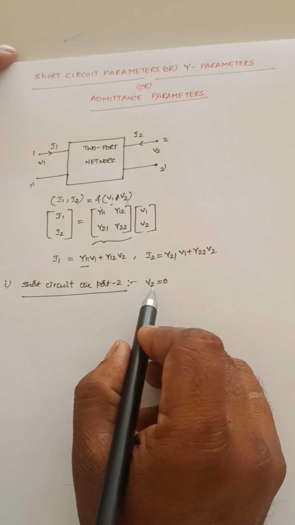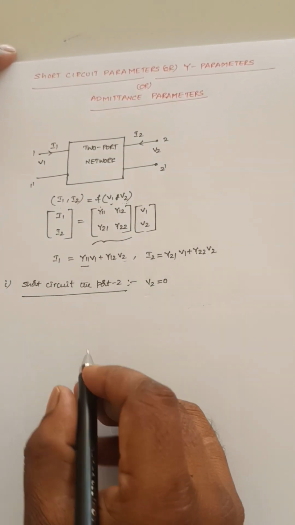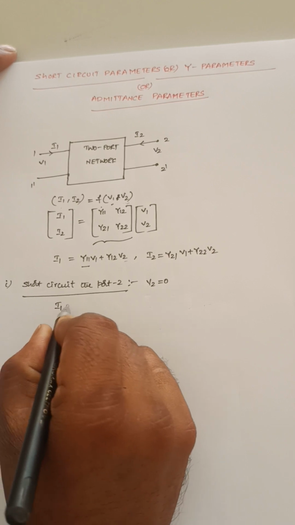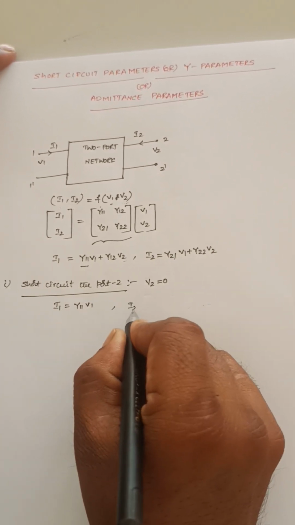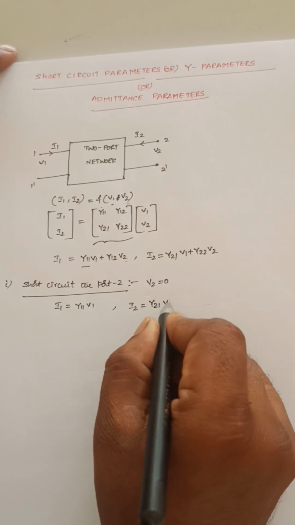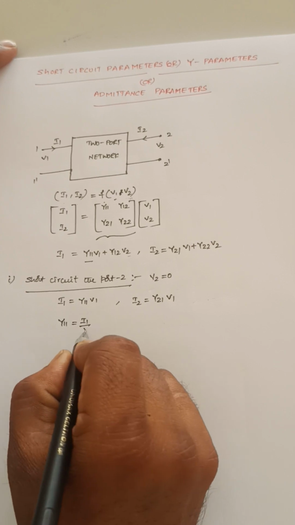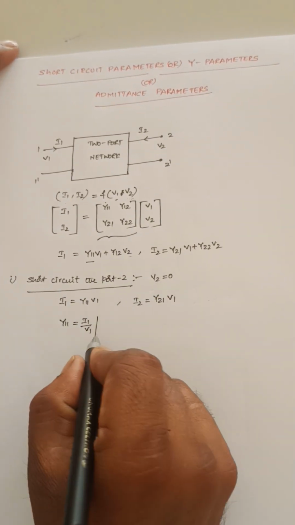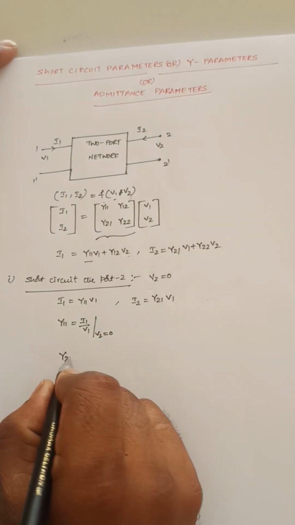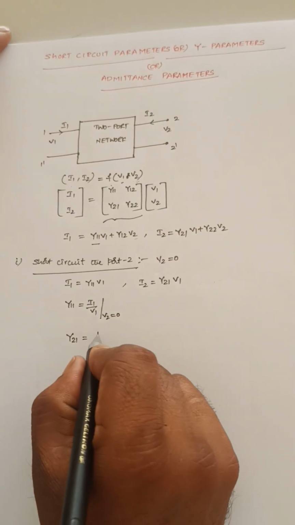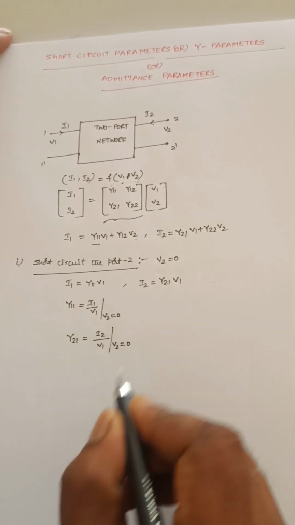If I substitute V2 equal to 0 in these equations, then I will get I1 is equal to Y11 V1, and I2 is equal to Y21 V1. So Y11 is equal to I1 by V1 at V2 equal to 0, and Y21 can be calculated using the formula I2 by V1 when V2 is equal to 0.